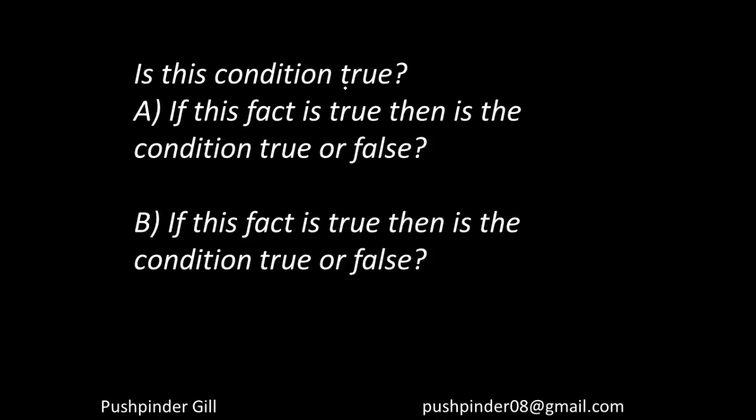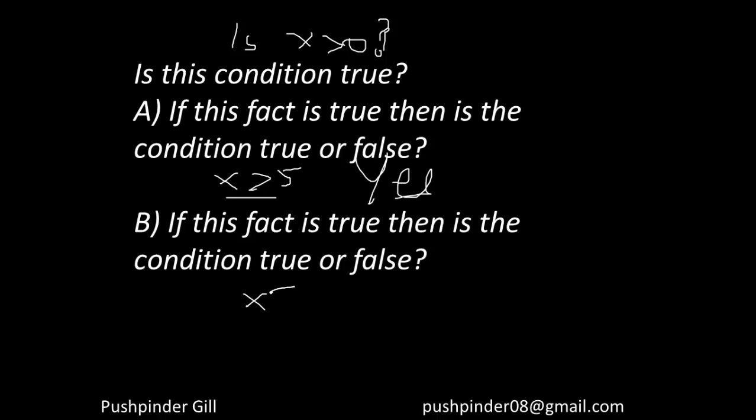Is this condition true? That means, is x greater than 0? The question looks like this, right? Then the first statement says, if this fact is true, is the condition true or false? It will tell you x is greater than 5. If this is true, is x positive or not? Yes, x is positive because I'm getting a definite yes, right? In the second statement as well, if this fact is true, is the condition true or false?